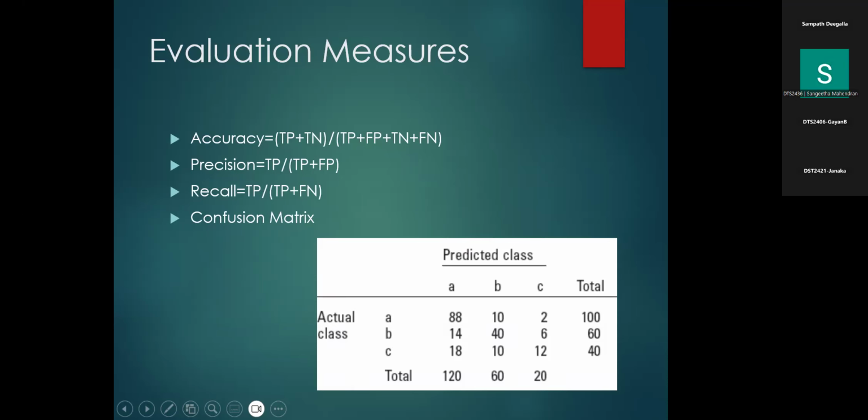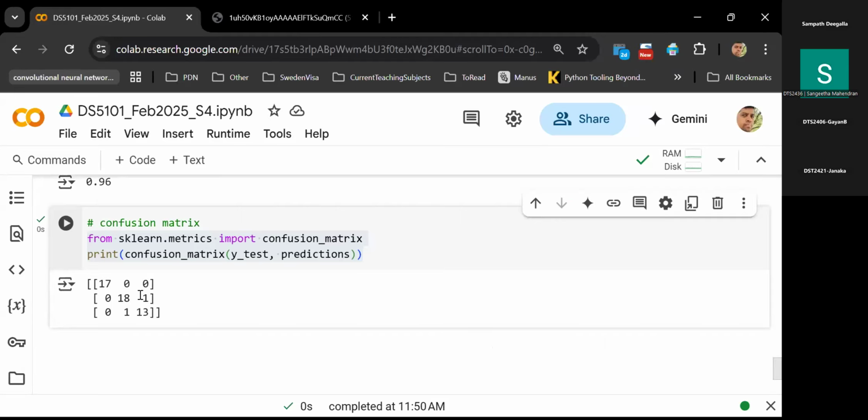So going back to what we have discussed, in our case, you can notice that the actual values are here, and these are the predicted values. The actual values have three classes, Setosa, Virginica, and Versicolor, and the prediction is also Setosa, Virginica, and Versicolor. So you can say Setosa is correctly classified.